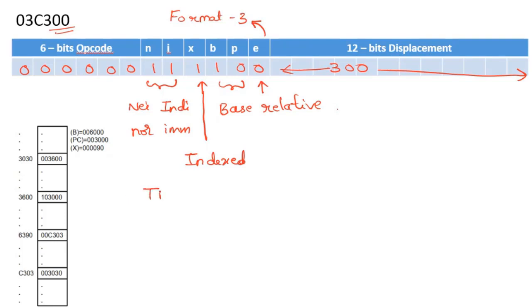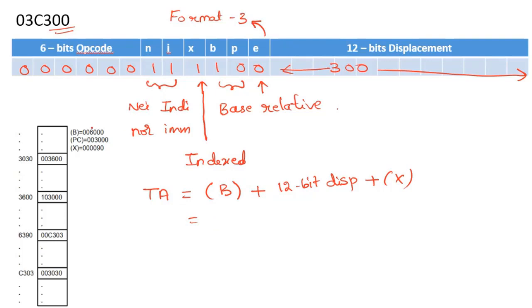So now we will compute the target address. How to compute the target address? Base relative addressing means we have to choose the base register contents, which has to be added with the 12-bit displacement. Also, it is indexed addressing mode, so we also have to add the index register contents to it.